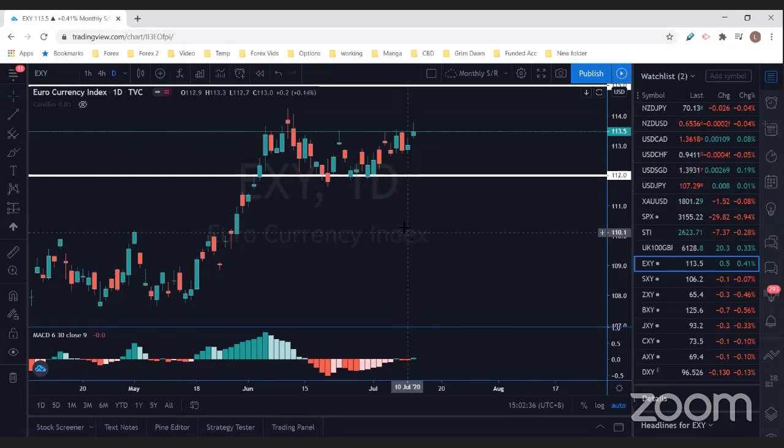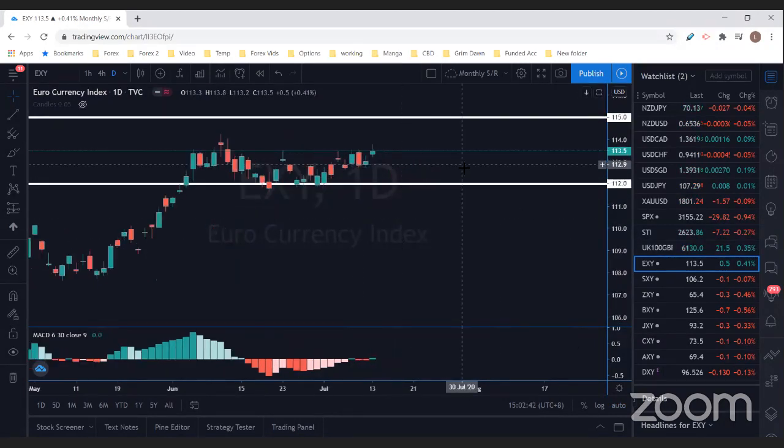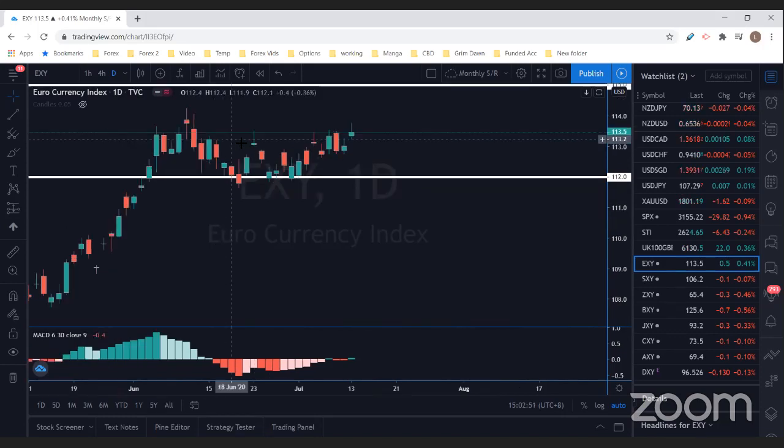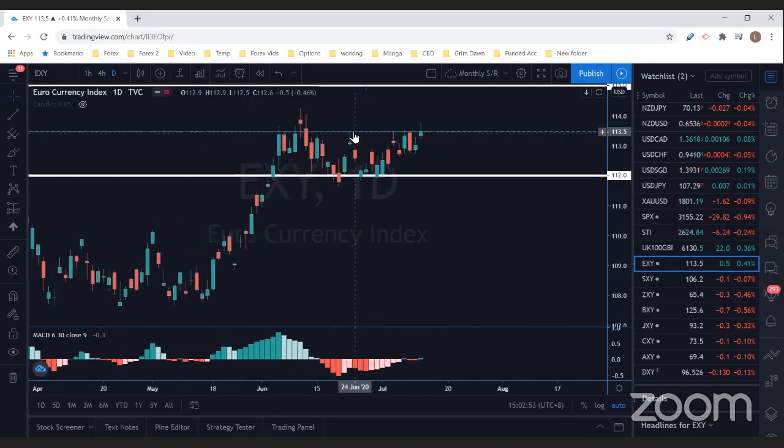For the Euro index, price has bounced off nicely off 112, noting that recently price is hitting a strong horizontal level at 113. But I suspect this is just a temporary support resistance area.